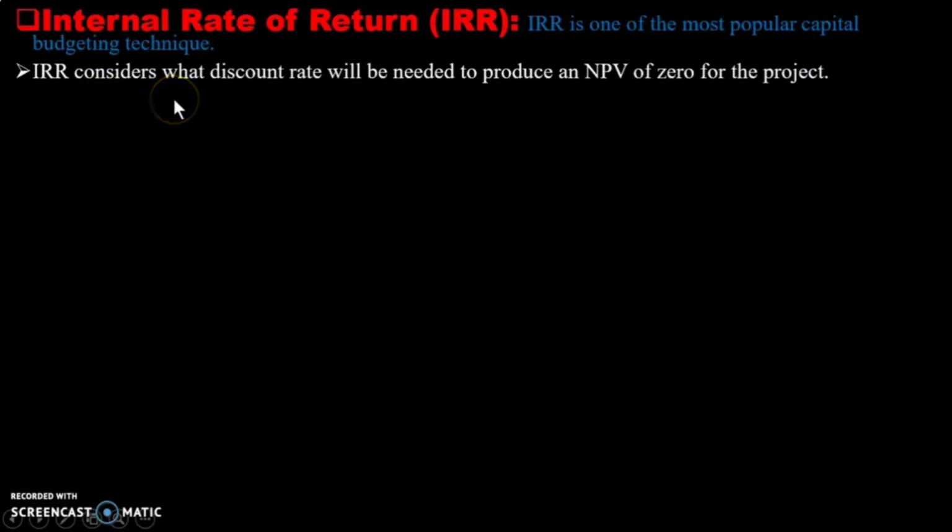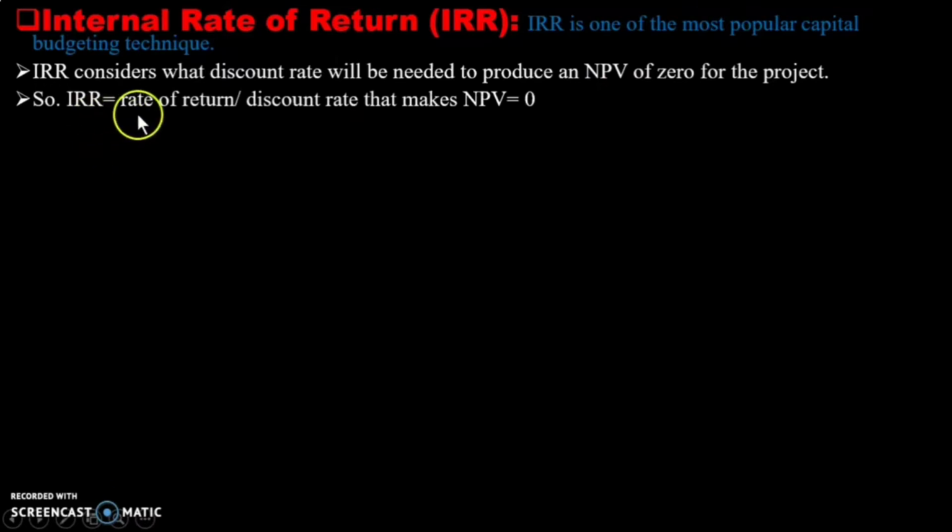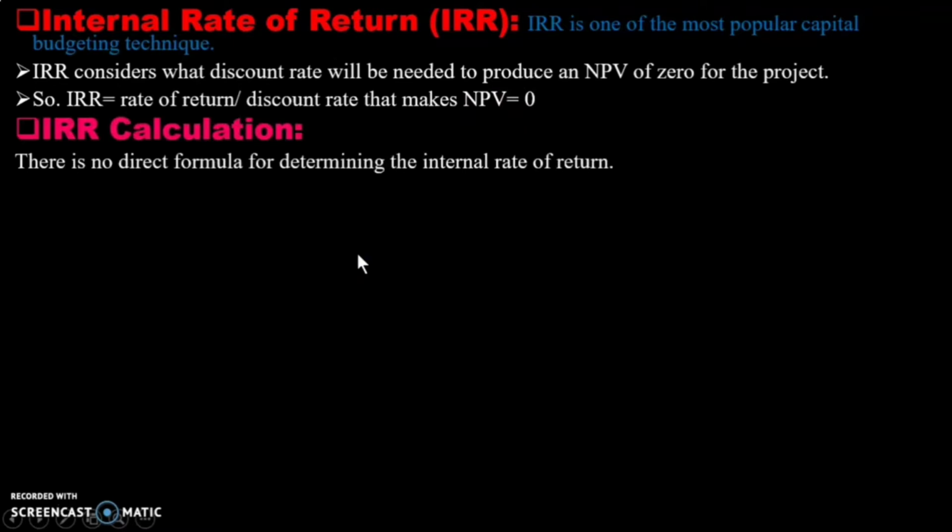IRR considers what discount rate will be needed to produce an NPV of 0 for the project. So we can say that IRR is the rate of return or discounting rate that makes NPV equal 0. Calculation of IRR.